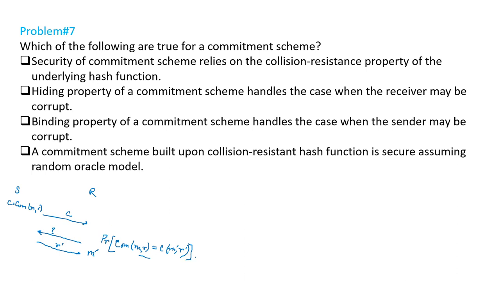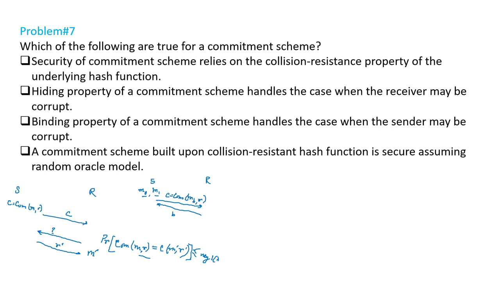So we bind this probability with an upper bound, and this is the binding property of the commitment scheme. And if the receiver is corrupt, then what? Let's say there are two messages M0 and M1 and the sender sends the commitment of any one of them, so I write M_B comma R. Now the receiver's job is to guess the bit B, whether M0's commitment or M1's commitment was visible to it.